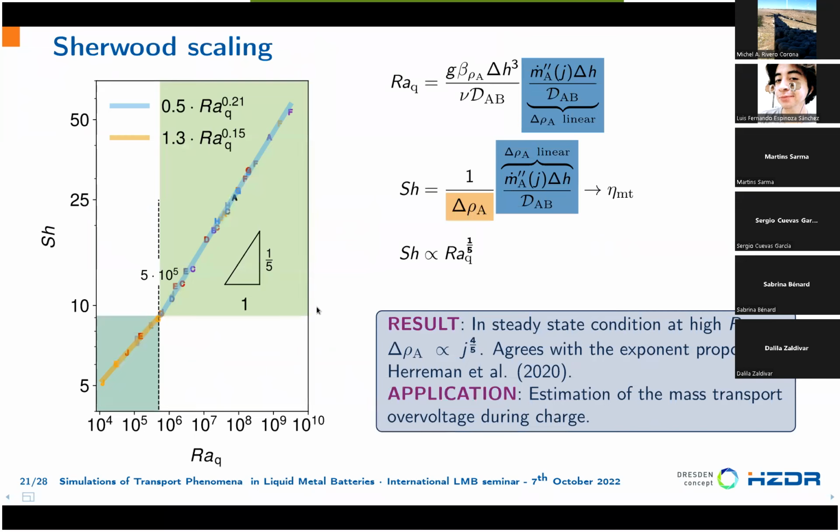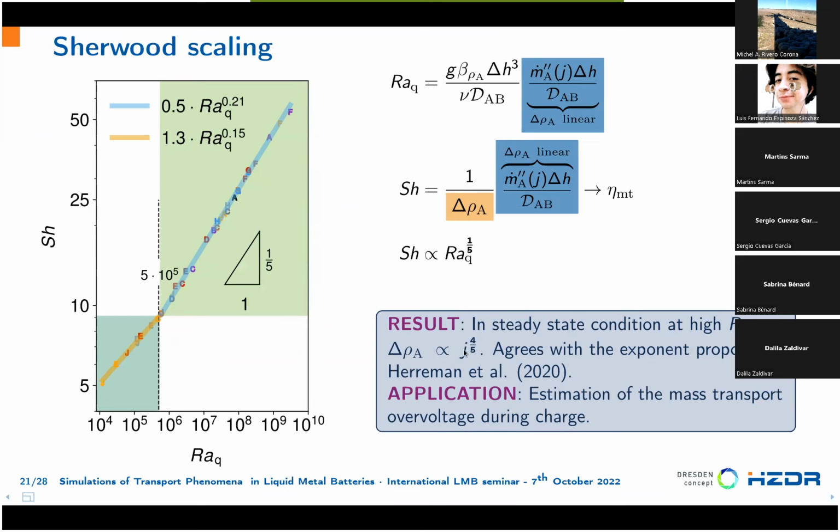Now we proceed with Sherwood scaling. As discussed before, Sherwood scaling is really important for the mass transport overpotential. And we find that all the results lie on this line in the high Rayleigh number regime that corresponds to a 1/5 exponent.